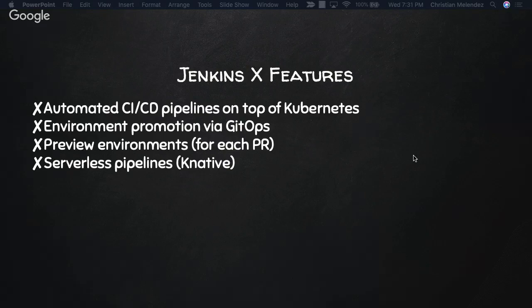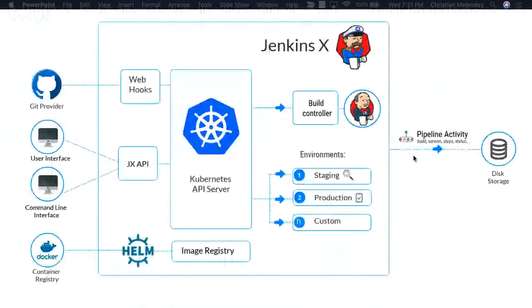Only when you need it, Jenkins X will create pods. That is a mode that you can configure. Otherwise, if you would like to not have that dynamic environment, you can just skip that part of serverless. I just wanted to make you aware that it is possible to create serverless pipelines with Jenkins X.